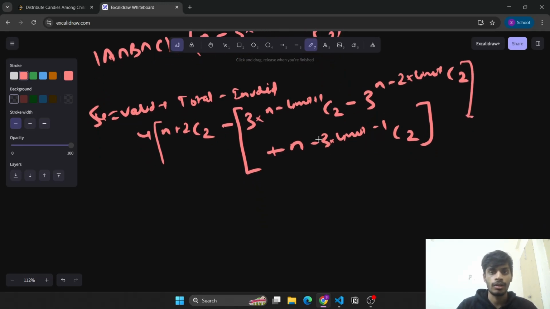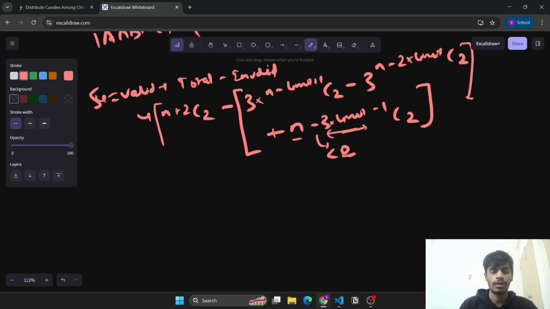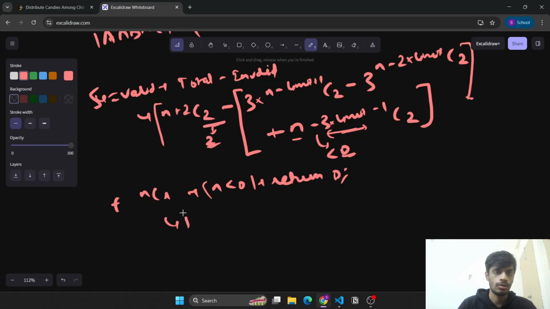Now you might be wondering, what if 3 into limit is greater than n, then this value will become less than 0. In this case, we can create a simple function of ncr, and if n is less than 0, we can simply return 0. And since r here is 2 only, n c2 is simply n into n minus 1 by 2.